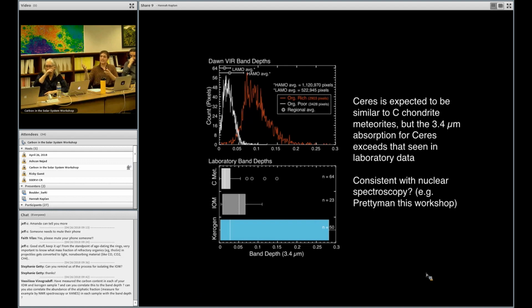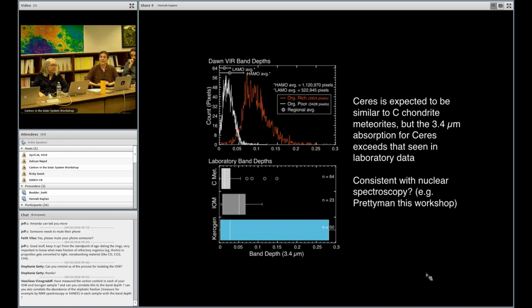And so I've compared that down below on the same band depth x-axis to the carbonaceous meteorites, the IOM, and the Kerogen. Kerogen, immediately we can just throw out. We have Kerogens with very high H/C values. They have whopping organic bands. They span this whole range easily.